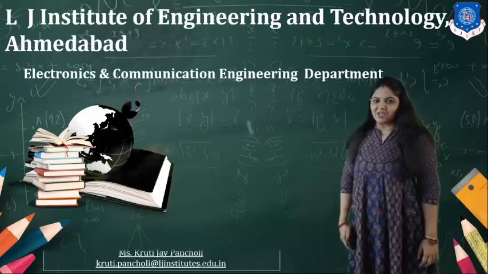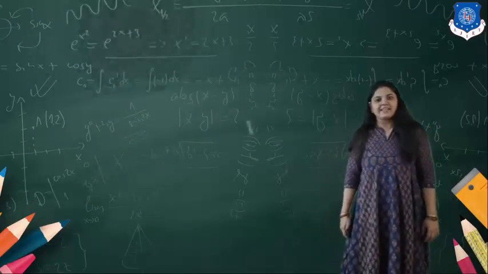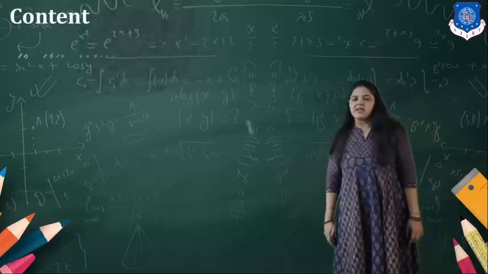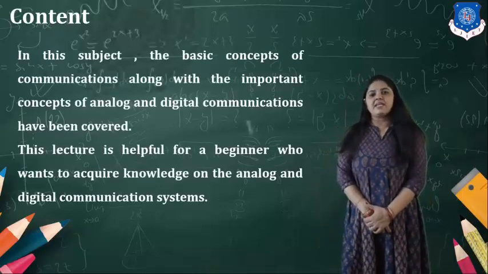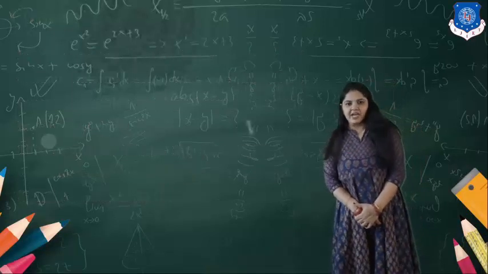In the last video, we learned about the method for generating the FM. That was the direct method. In that, we learned about the basic reactance modulator and the varactor diode.